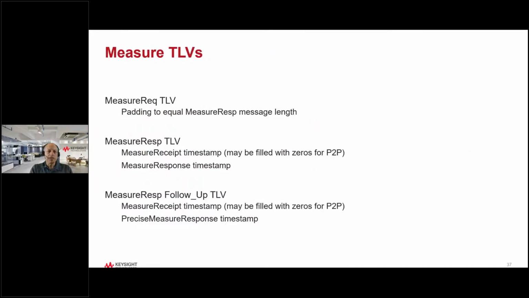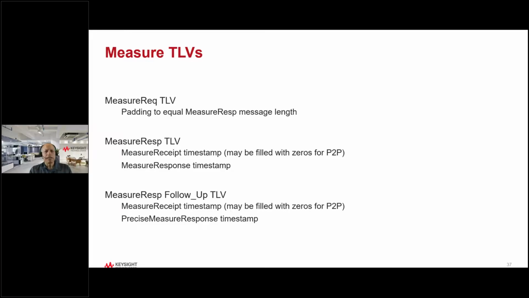What are these TLVs that we've defined? The measurement TLV and the padding is equal to the measurement response message length. We want them to be the same. You see the measurement request is very similar to a sync message.